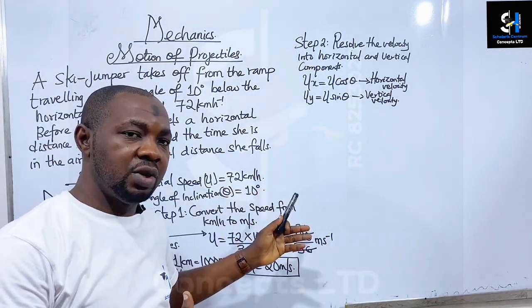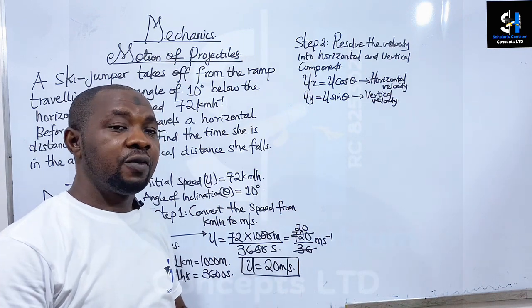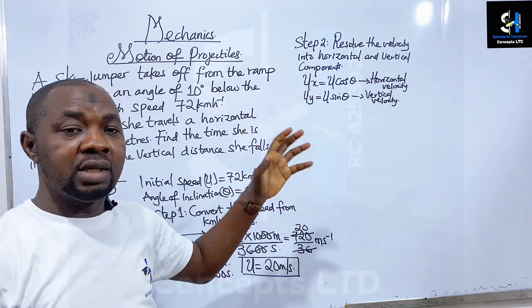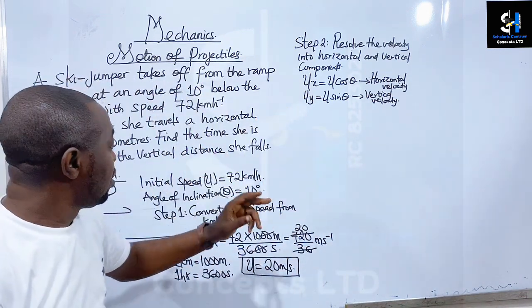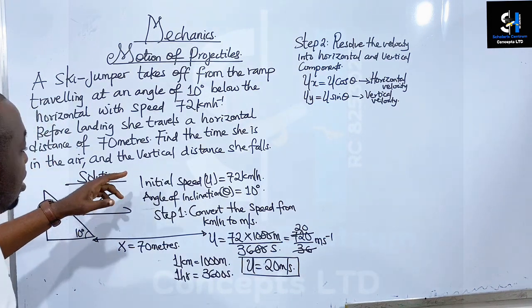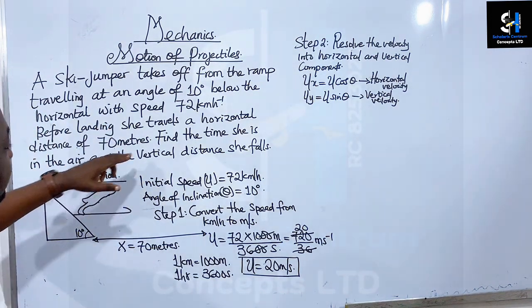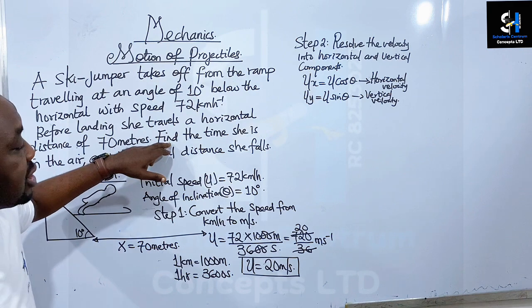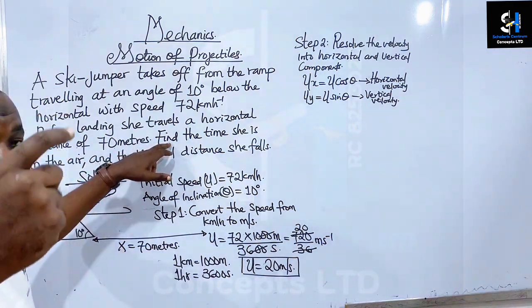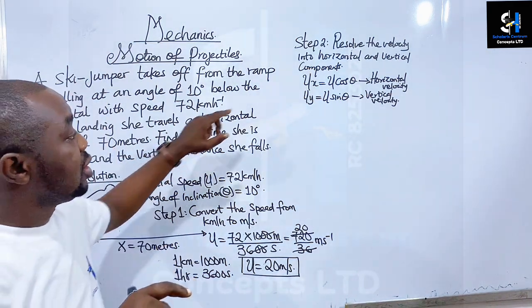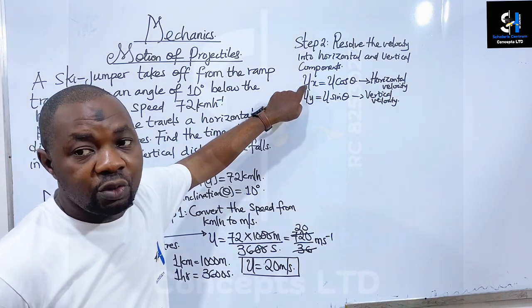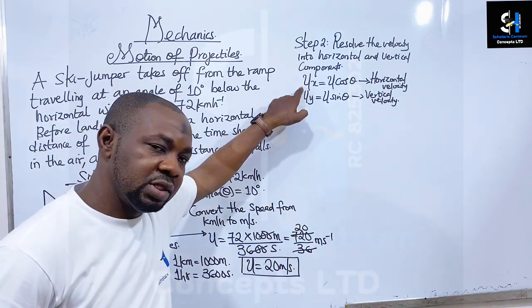Why do we need the values for ux and uy? They are important because, the way I understand the question, for us to calculate the time the ski jumper is in the air, we need to first calculate the horizontal velocity.